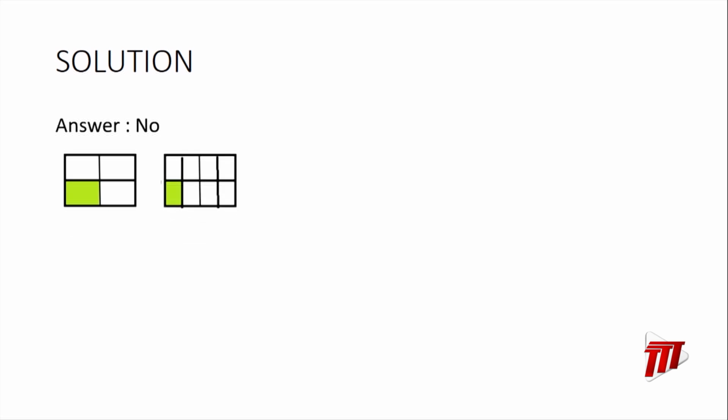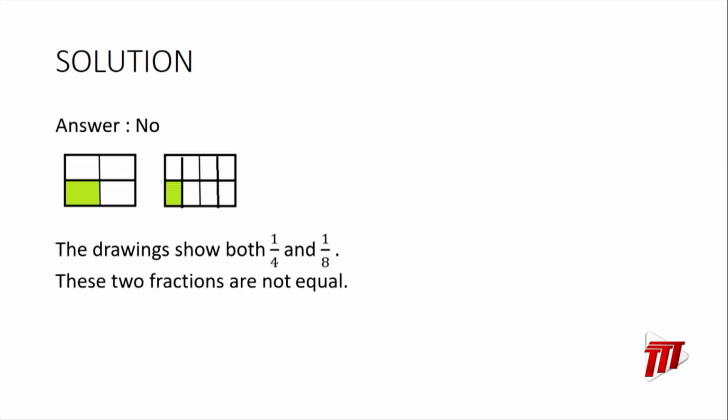Now you could draw a simple diagram where you have 2 identical shapes and you have shaded a quarter in one case and you have shaded 1/8. And by looking at it, you could see that they are not the same. This one shows a quarter, this one shows 1/8. These 2 fractions are not equal.